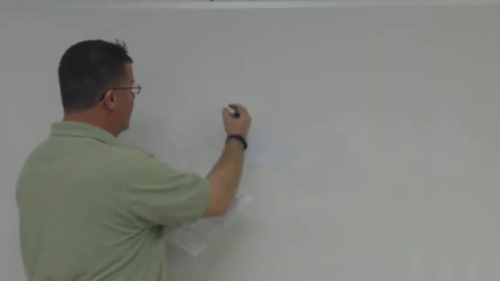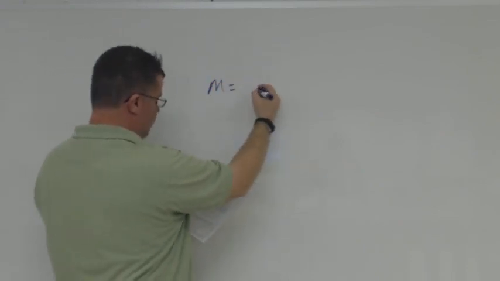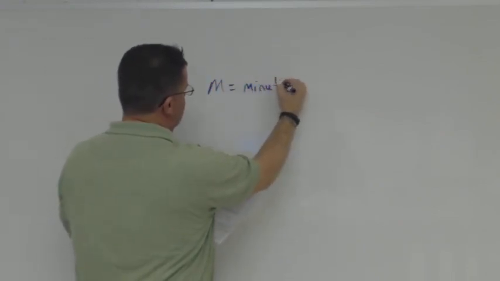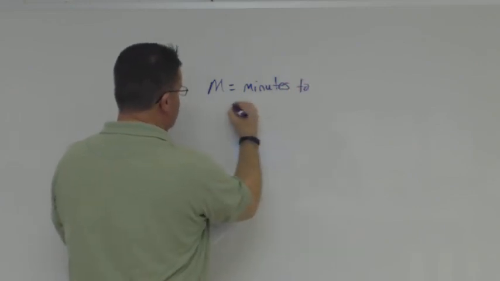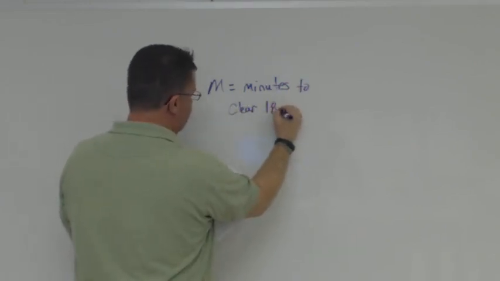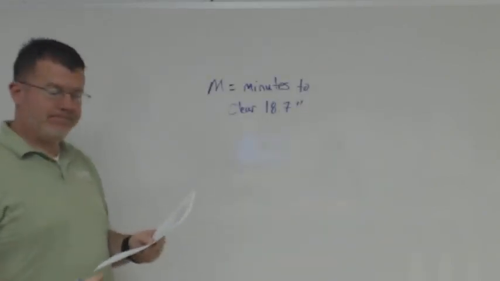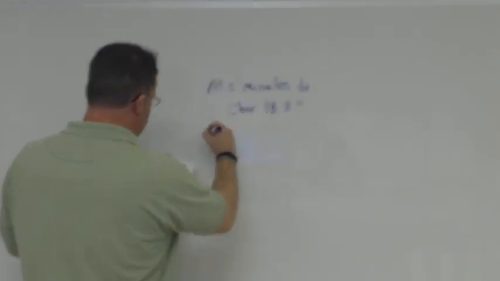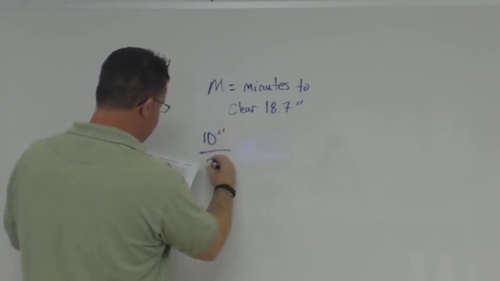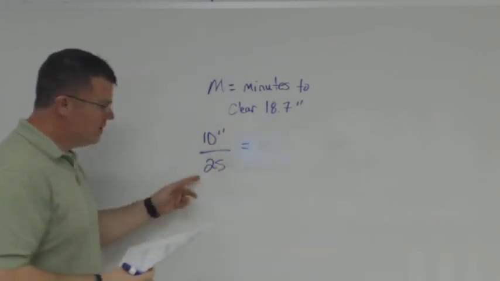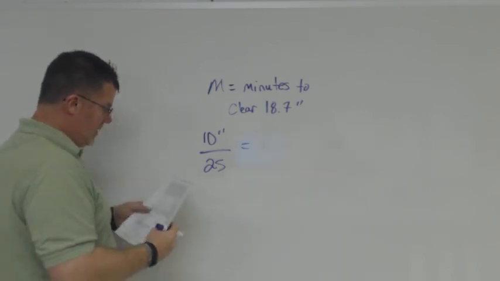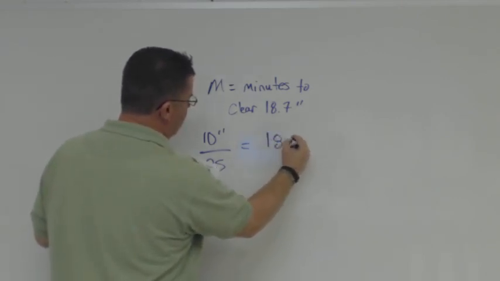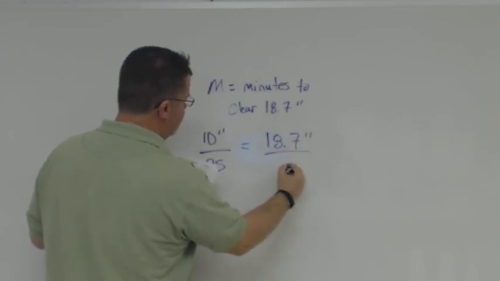But I'm going to show you how I work, because I work my pesticide calculations a lot different too. So I got M equals minutes to clear 18.7 inches. And then I took my 10 inches over 25, so we had a 10-inch snow, it took 25 minutes. And then we're trying to figure out how long it's going to clear 18.7 inches of snow.